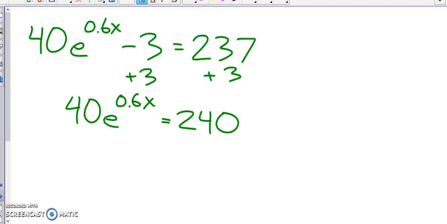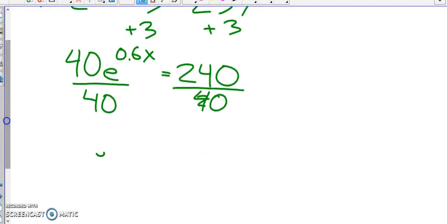Then what? Now what? Yeah, you would need to take the log at this point. You got to kill the exponential. You use a log to kill an exponential.